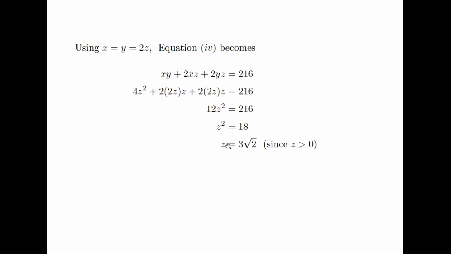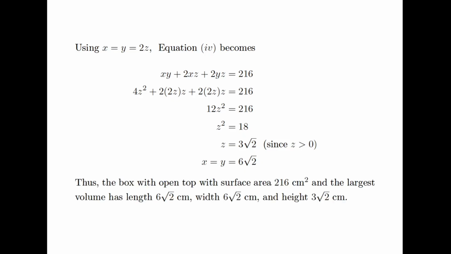Again, we take only the positive square root because z cannot be negative. Since y equals 2z, we have x equal to y equal to 6 square root of 2. Therefore, the box with open top with surface area 216 square centimeters and largest volume has length 6 square root of 2 centimeters, width 6 square root of 2 centimeters, and height 3 square root of 2 centimeters.